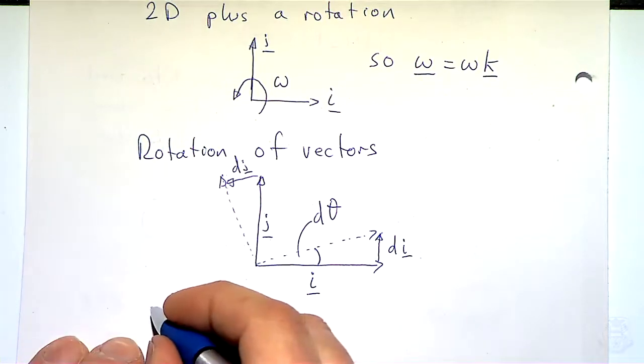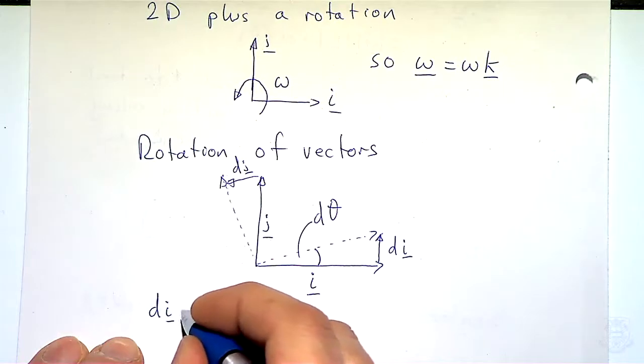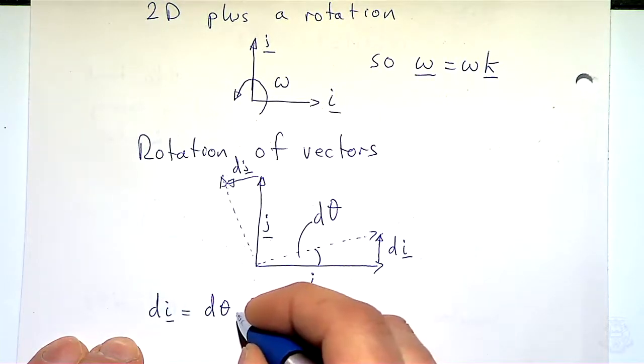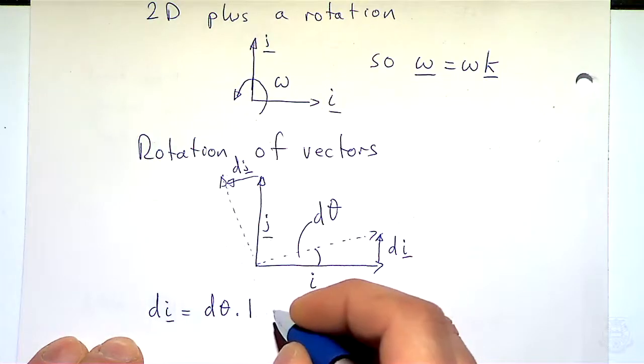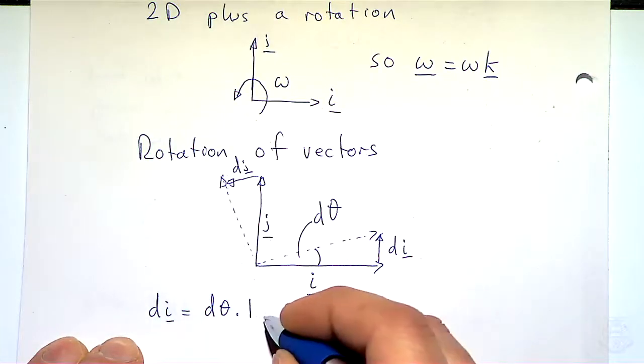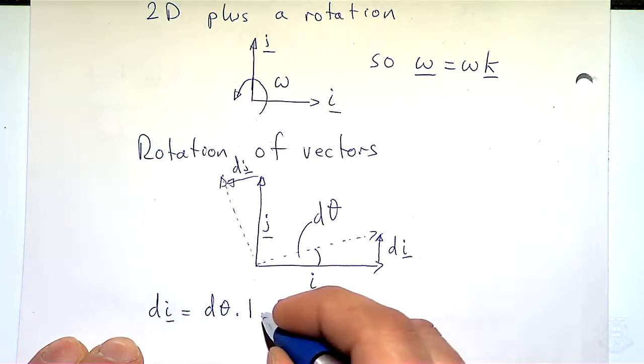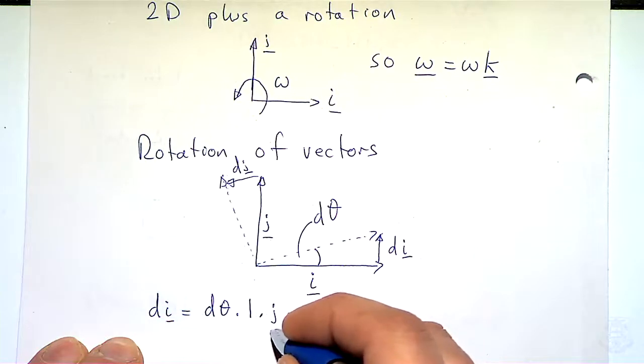So we can say that the small part di is equal to d theta times 1. And that's a change in the j direction, so we'll multiply by j.